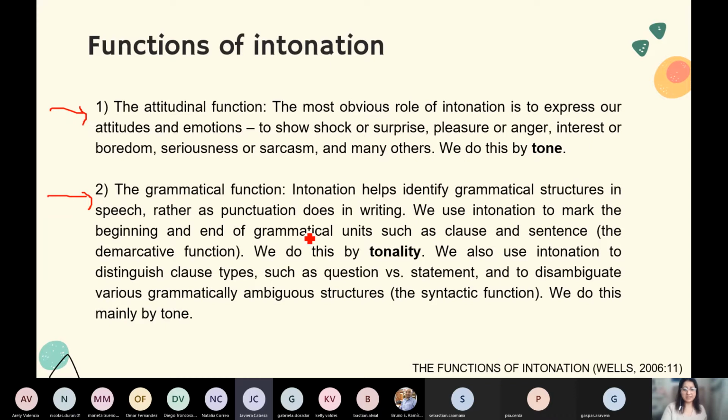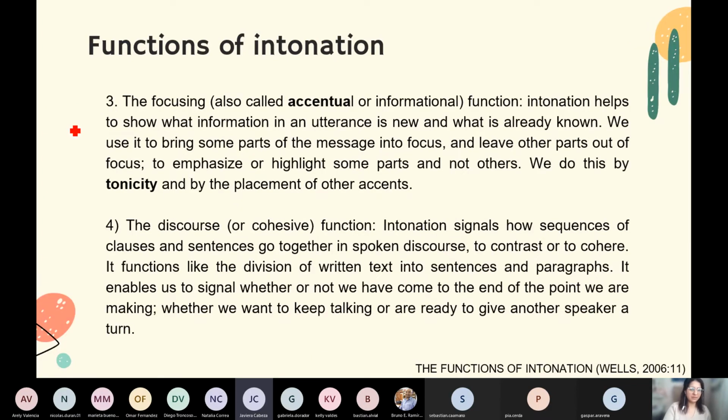And just like in the previous one, we do this by tone. And remember these words that we have here in bold? Tone, tonality. Just remember them for now. Now, number 3.